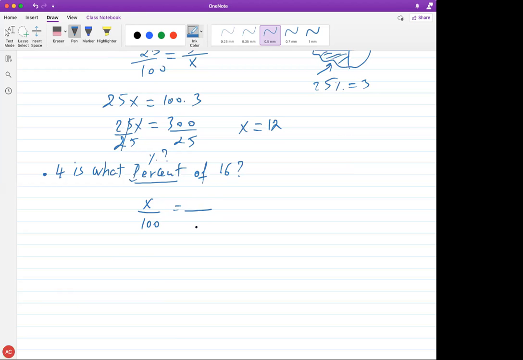So what over what based on this problem? What's the portion and what's the whole in this example? Anybody?